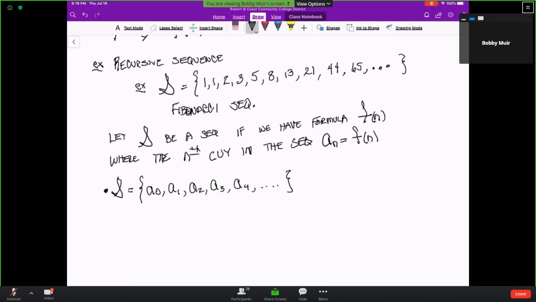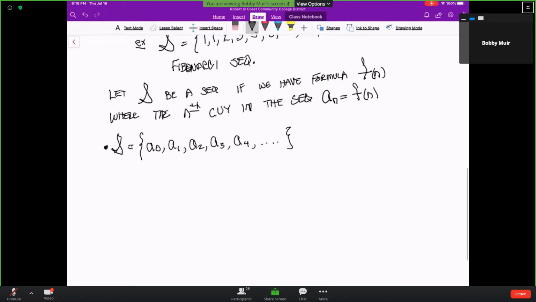Okay, and so when this is the case, we will write S equaling the sequence.